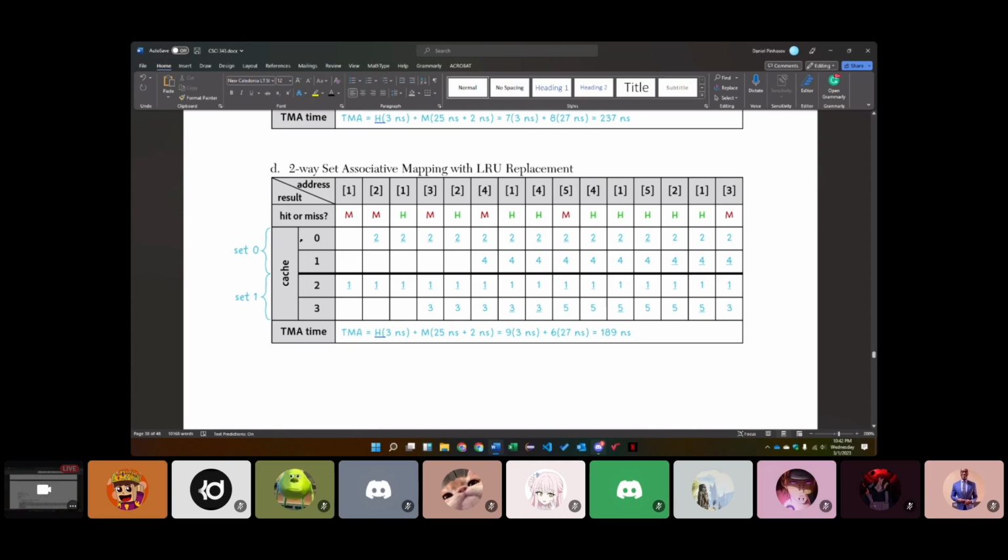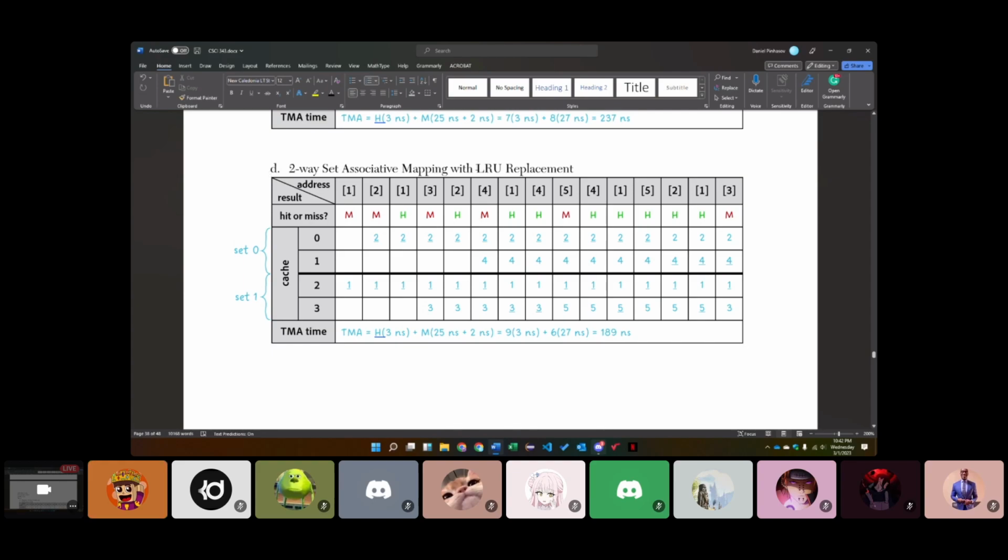This is two-way, meaning in each set we're going to have 2 elements, two blocks. And since this cache is size 4, we're only going to have 2 sets, 4 divided by 2. And with LRU, set associative is like fully associative but with sets. It's less computational, I guess.